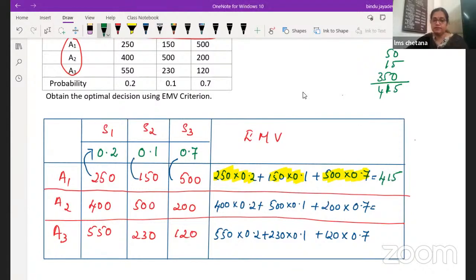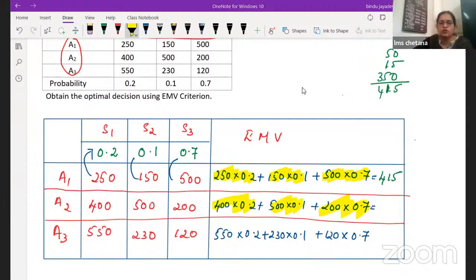Multiply separately, meaning 250 into 0.2 multiply. Don't do it together, meaning pressing 250 multiplication 0.2 and again plus, that will give a wrong answer, because this is the board marks rule. Multiply these two, multiply these two, and multiply these two, and then add and tell me the answer.